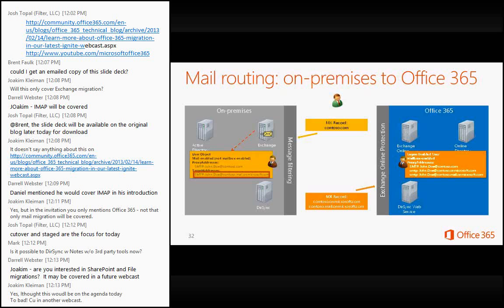So we've got contoso.mail.onmicrosoft.com. And then it would reroute that mail through MX records that are created to point for contoso.mail.onmicrosoft.com, which points to Office 365, which would then determine your tenant and determine where your mailbox is located.